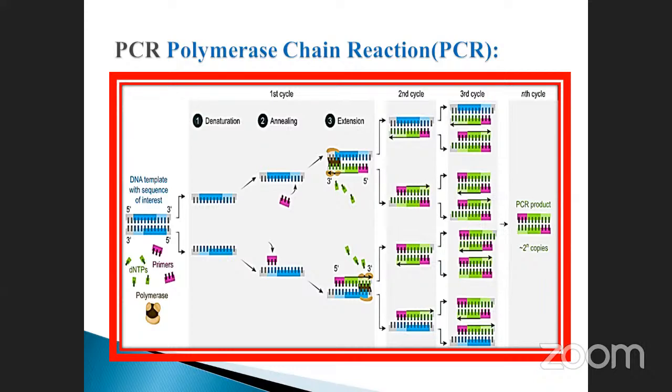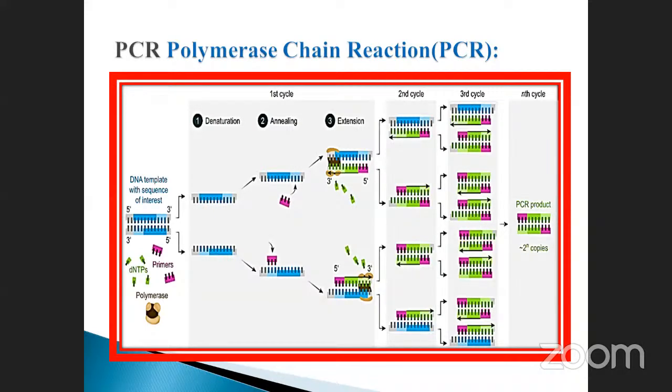See this one. We already discussed DNA as a double-stranded genetic material. It has two complementary strands connected with hydrogen bonds, isn't it? It undergoes three processes. What are the three processes reported here? Denaturation, annealing, and extension. These are the cycles, so each one is considered a cycle.